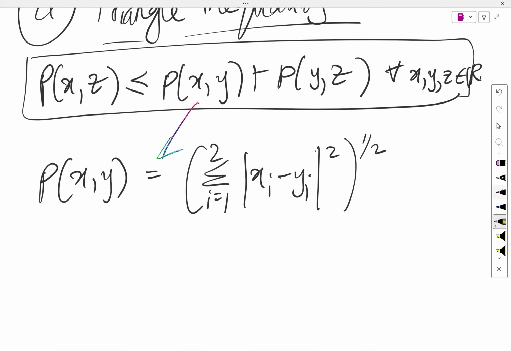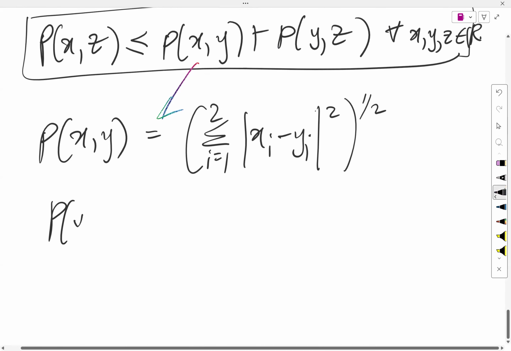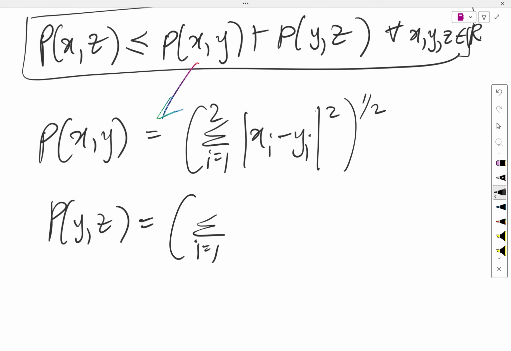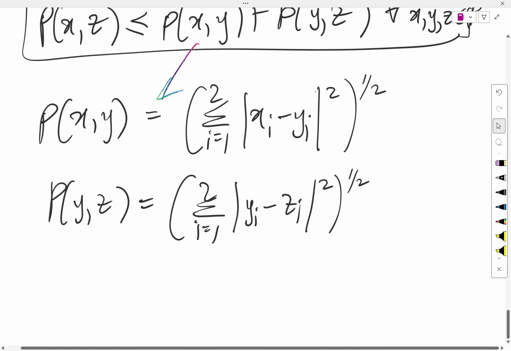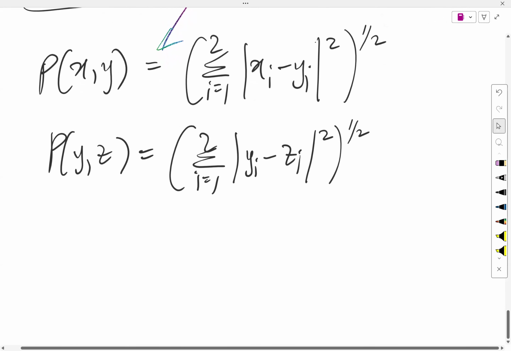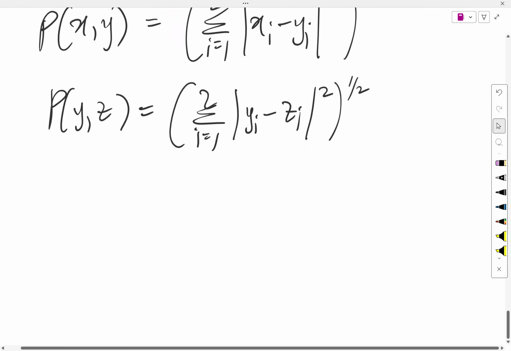So we start with this, and P of yz would simply be, in terms of this, summation from i equals 1 to 2 of yi minus zi raised to power 2, all raised to power half. So that's taken care of. So can we look at this now? We can actually do this.